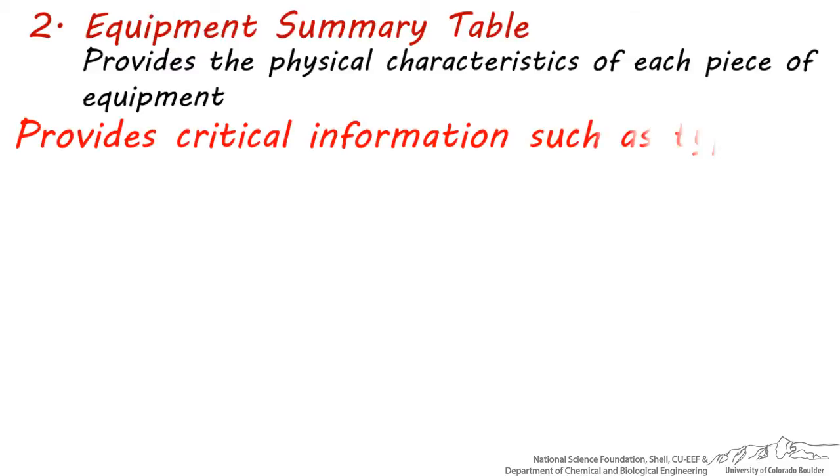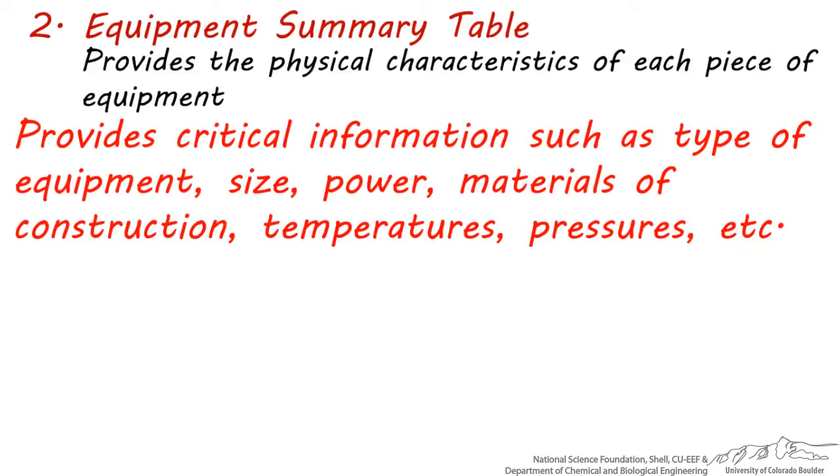This information includes the type of equipment, the equipment's height, width, volume, or area, its power output or generation, the material the equipment is constructed of, the incoming and outgoing temperature and pressure, among other information.